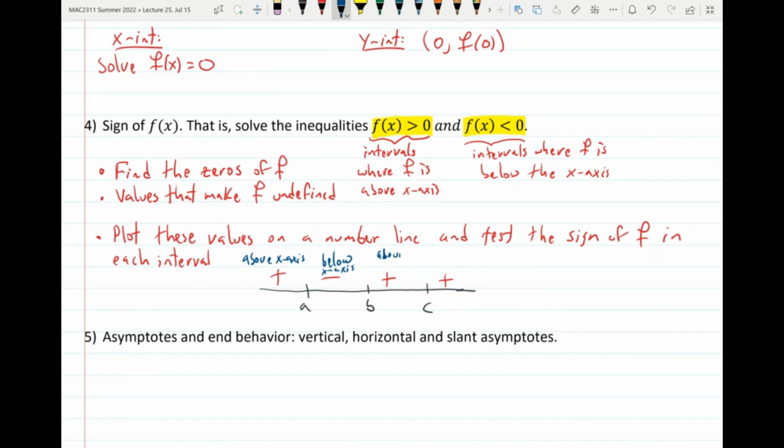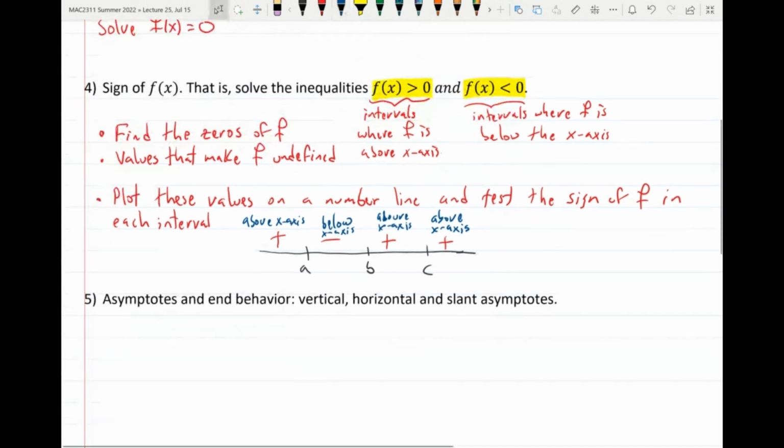Again, above the x-axis, and still above the x-axis. Okay, so this is helpful when it comes to graphing, and it really requires not too much effort. You already have all you need to do this. So why skip it? Don't skip this. This is going to help you to put your picture together later on.